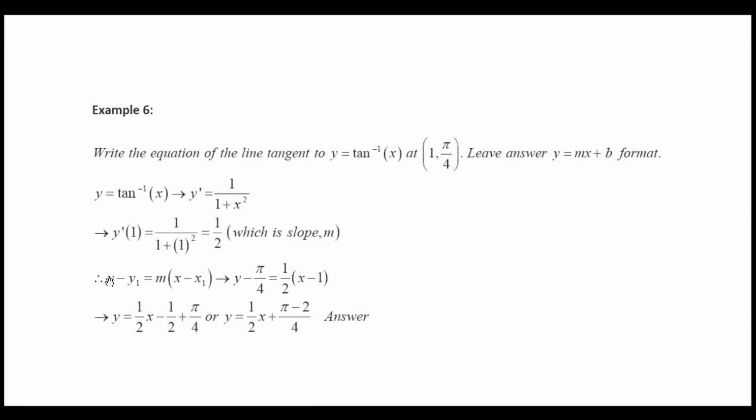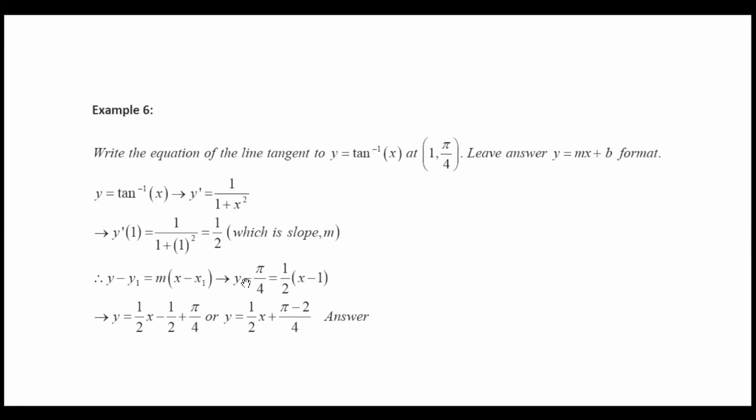So we'll use our point-slope formula, which is this. We have to use this whenever we're writing the equation for a tangent line. And now we simply substitute in for y sub 1, it's the given quantity pi over 4, m, which we just found, which is 1/2, and our x sub 1, which is our given x, and that is a good answer.